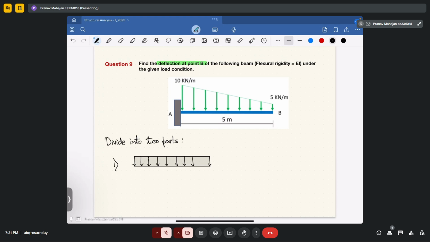And in that case, if you find the moment at any section, how will it look like? Suppose it is W. So W into H at H by 2 will be equal to WH square upon 2. So that means your degree of curve will be quadratic.